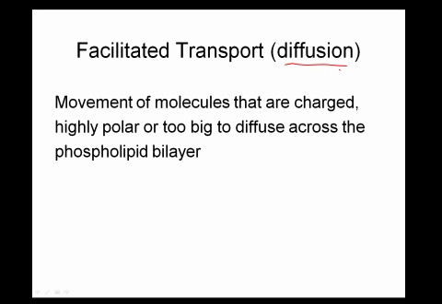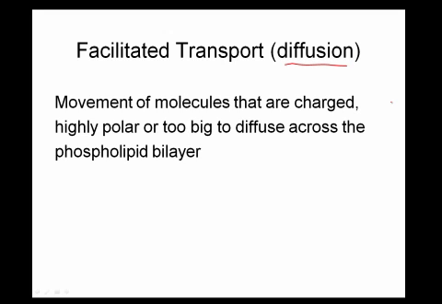Another type of passive transport is facilitated transport, sometimes called facilitated diffusion. I prefer to call it facilitated diffusion. This is the movement of molecules that are, in fact, charged or highly polar, or in some cases just too big to cross the phospholipid bilayer. And many times we still need to get these molecules into or out of the cell, but these can't wiggle through those phospholipids.